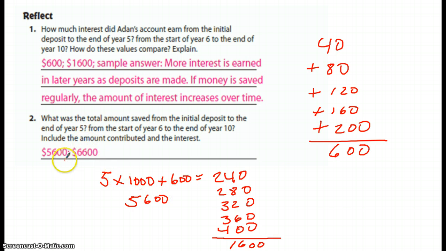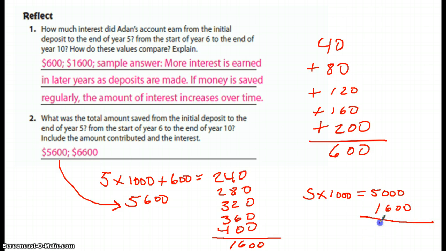So this is where they got this from, right here. Then it says, what about the start of year 6 to year 10? So that's another 5 years. So again, 5 times 1,000 is going to give us 5,000, but he earned 1,600 in interest. Add them up, and we'll get 6,600.